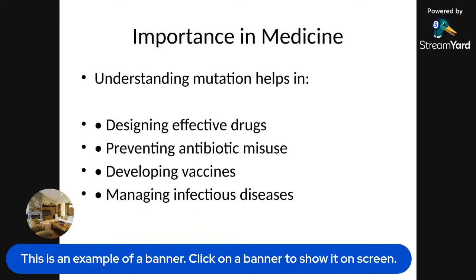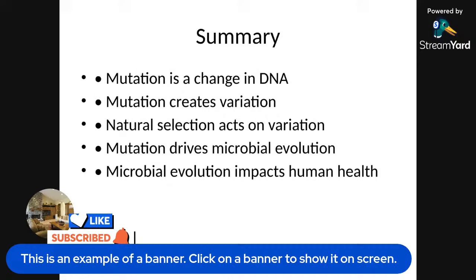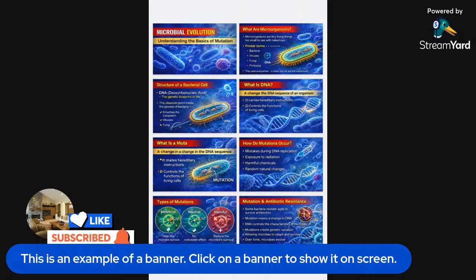So, summarily, I want you to know what you have done so far in this course. In this lecture today, we have been able to see what microorganisms are, and the different categories of microorganisms. Then we learned the structure of a bacterial cell.